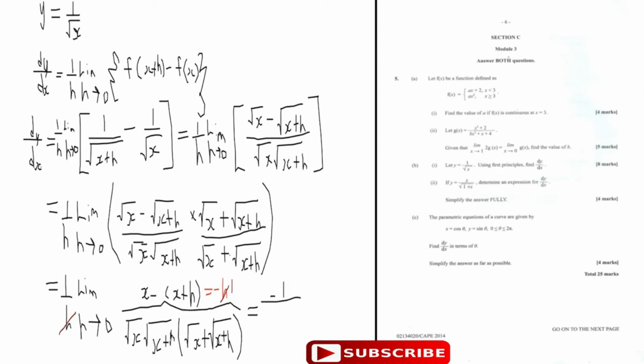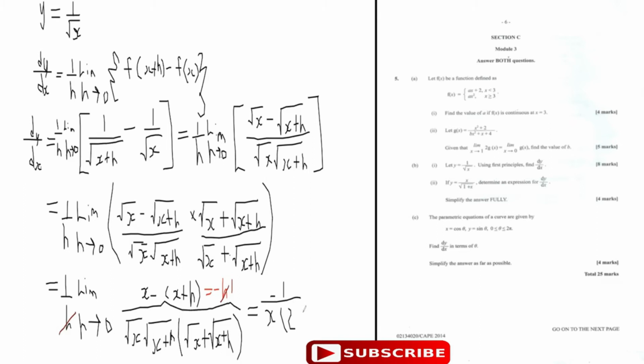Plugging in 0, root x times root x is x. So you get minus 1 over x times, plugging in h as 0 here, root x plus root x is 2 root x.